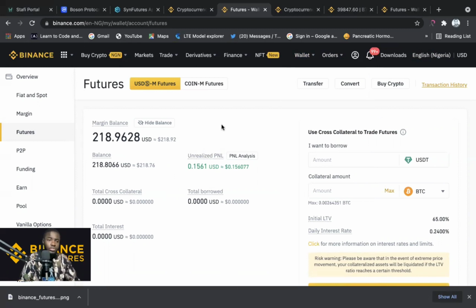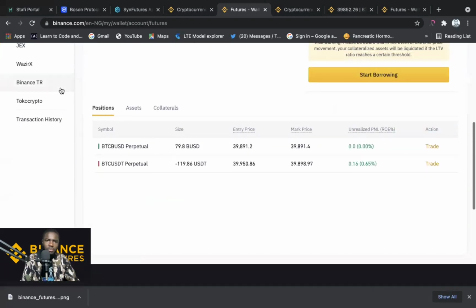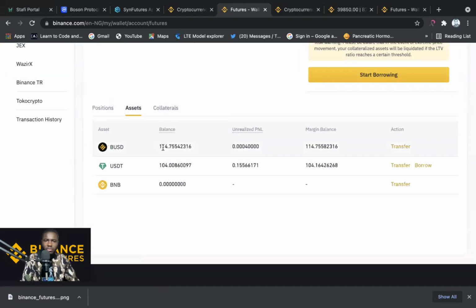The main advantage of using the multi-asset mode while trading Binance futures is if you have USDT and you have BUSD. Look at my assets: I have 100 USDT and about 114 BUSD.